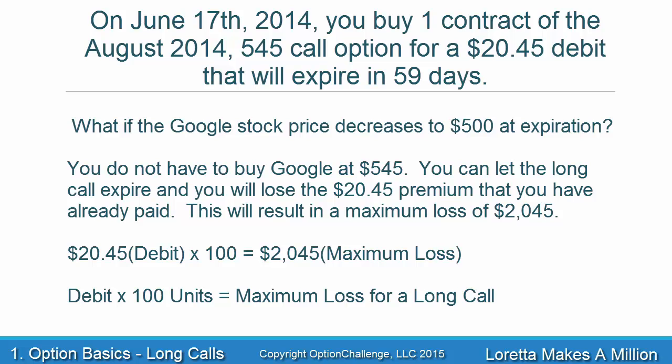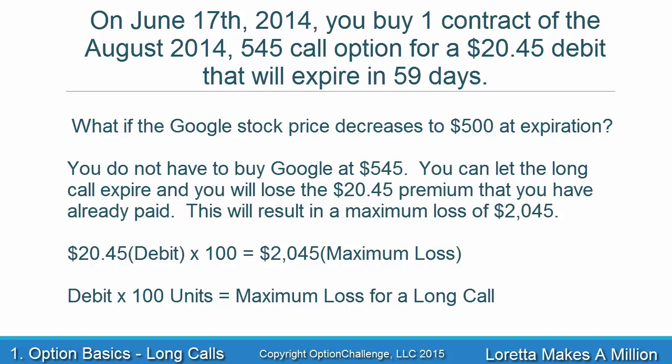Here is how the maximum loss is derived. The $20.45 debit you paid to buy the call option times 100 would give you a maximum loss of $2,045. For long calls, the maximum loss is the debit paid times 100 units of the underlying.